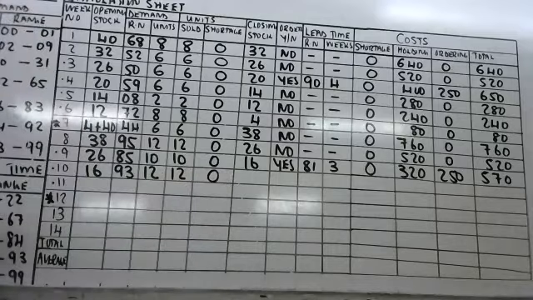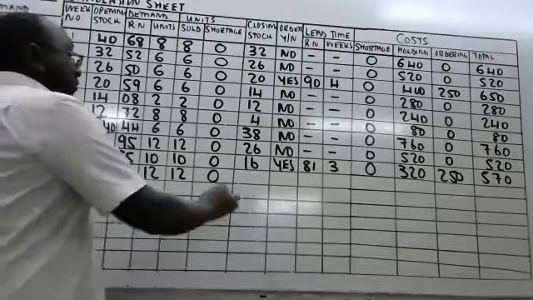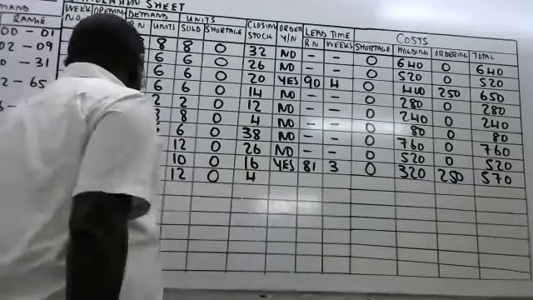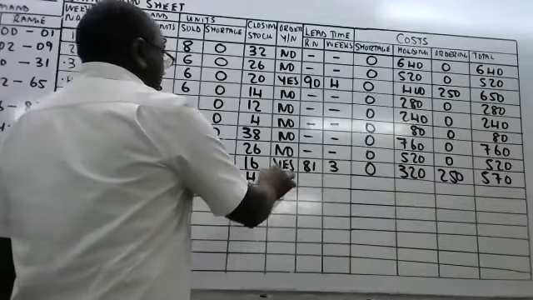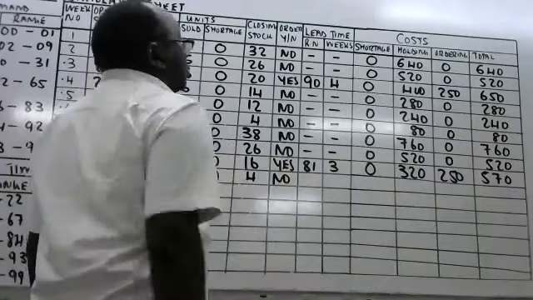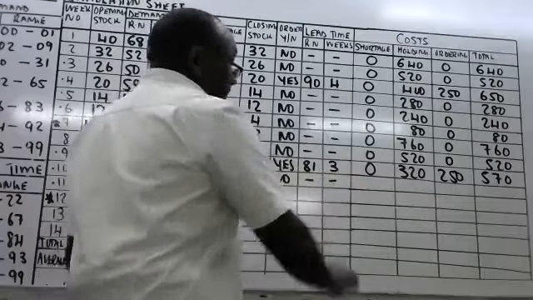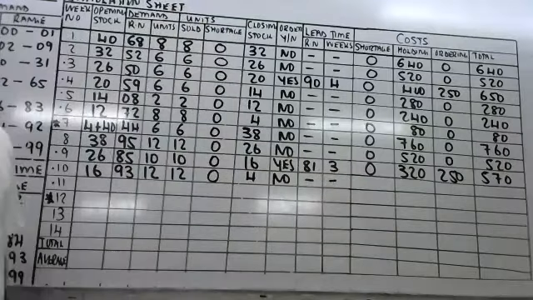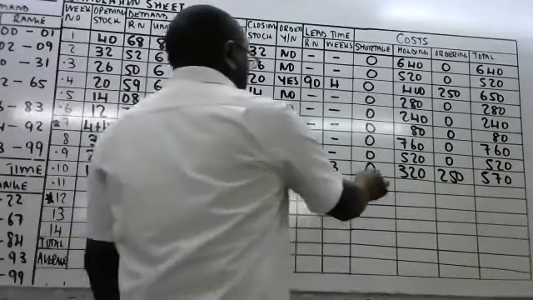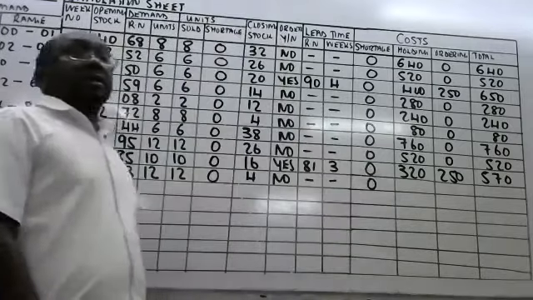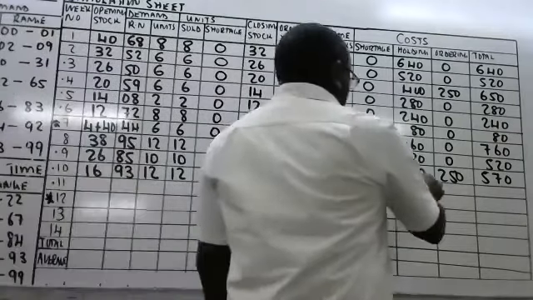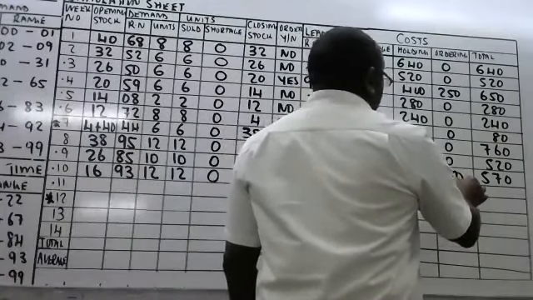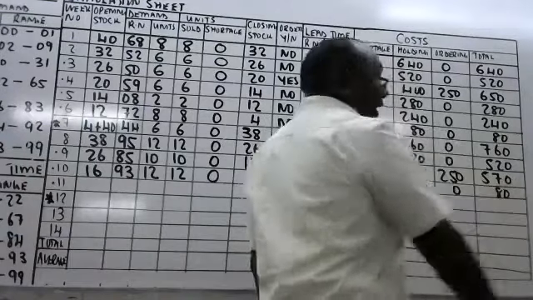So we close the day with what? 4. And then do we make an order? No. So there is nothing in the ready time. No shortage. So the holding will be what? 80. No ordering. So the total is 80.